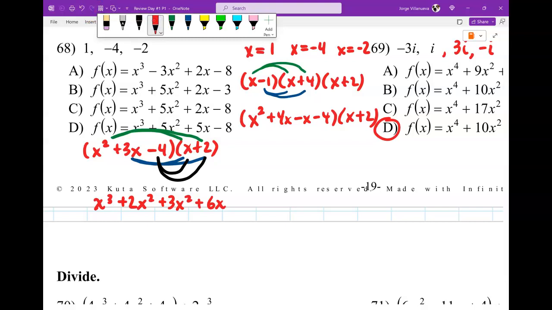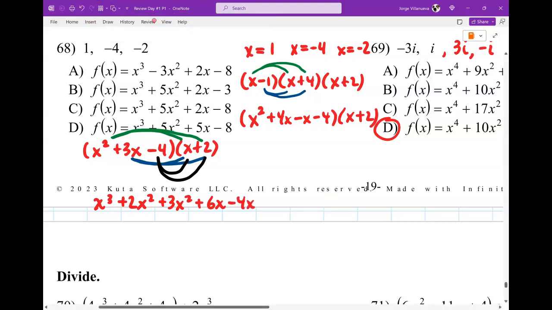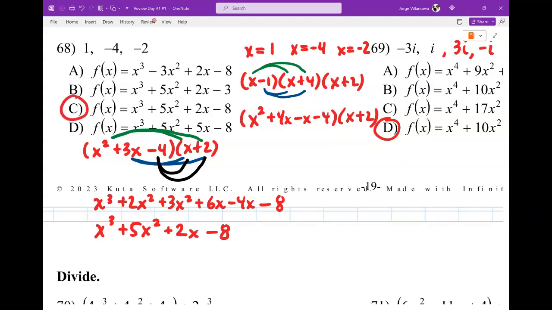So negative 4 times x is negative 4x, and negative 4 times 2 is negative 8. So if you combine everything together, you get x cubed plus 5x squared plus 2x minus 8. So that would be C.